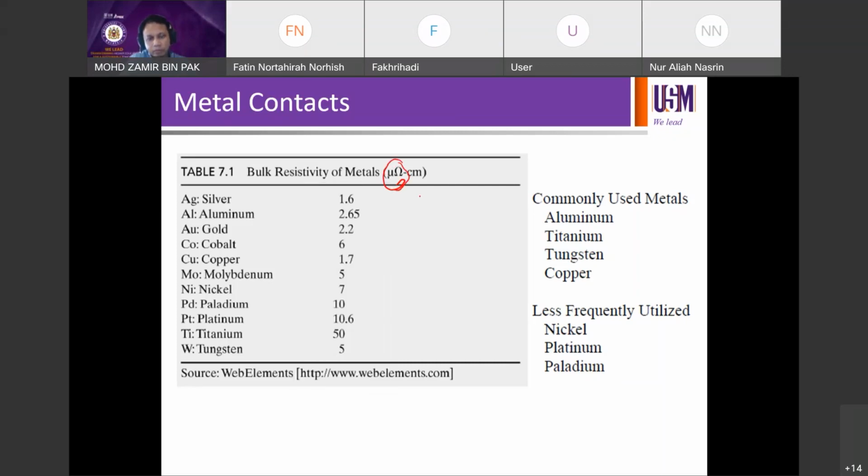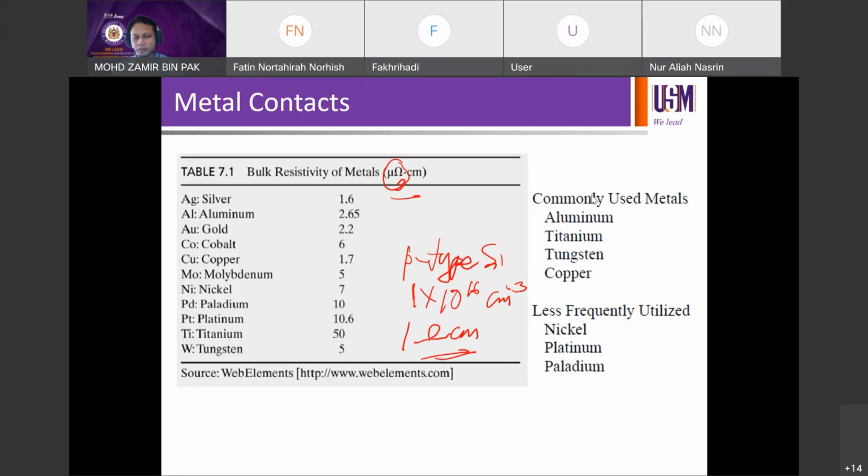Sebelum ni if we talk about p-type silicon with doping level of 1 times 10^16 per centimeter cube, then you're talking about 1, 2 ohm cm kind of resistivity. Mula-mula kita discuss metal, insulator, semiconductor, in terms of the resistivity against conductivity, the inverse.